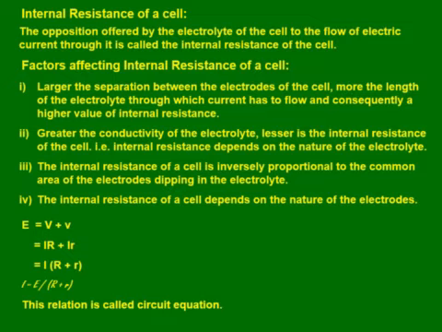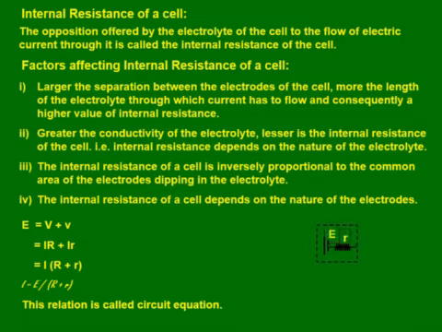For a 2 volt lead acid cell, the internal resistance is of the order of 0.01 ohm, whereas for a 1.5 volt Leclanché cell, which is a primary cell, its internal resistance will be of the order of 10 ohm to 50 ohm. So the difference is quite large, and that depends on the nature of the electrodes and the electrolyte that has been used.